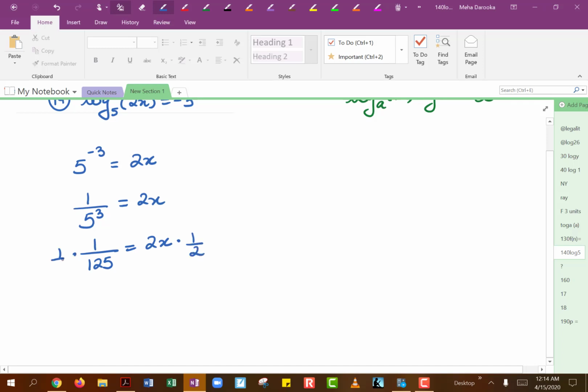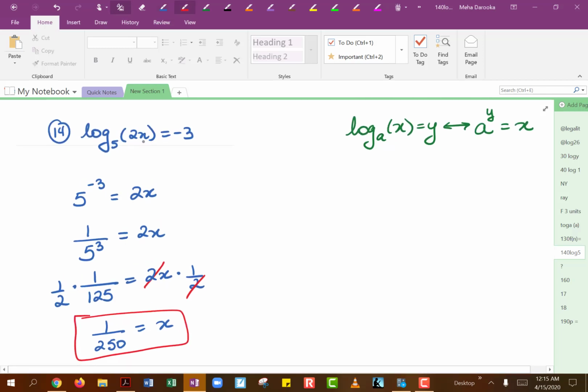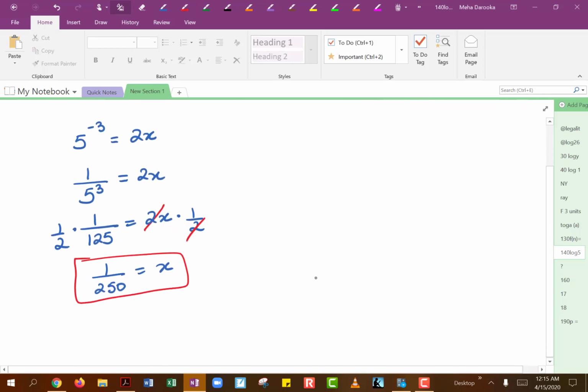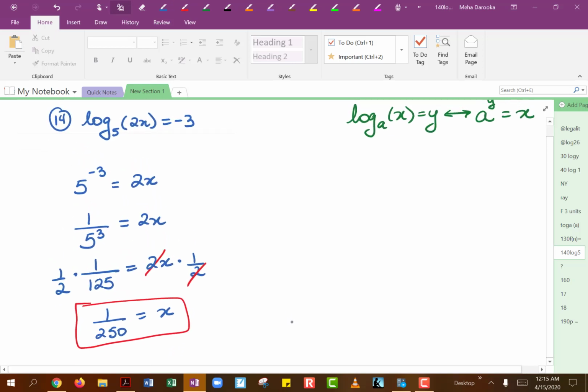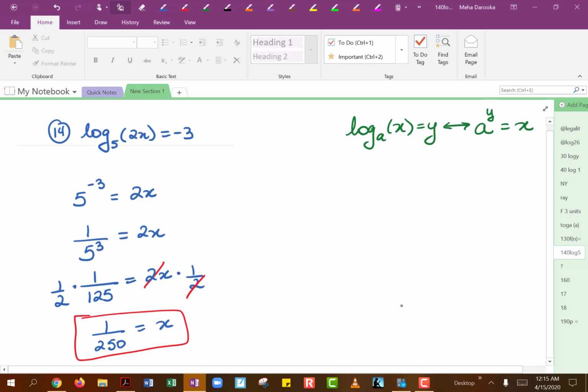I'm left with x here, and when I multiply this, I get 1 over 250 as my x value. So that's that x value you have inside the parentheses. So this is how you would go about solving something like number 14 over here by converting it into its exponential notation.